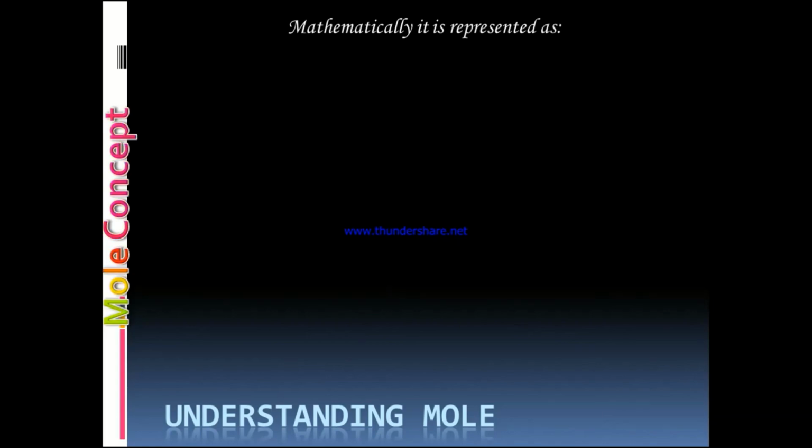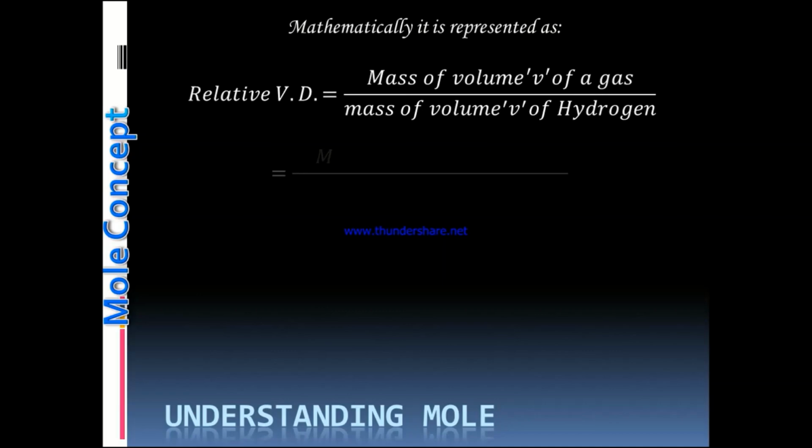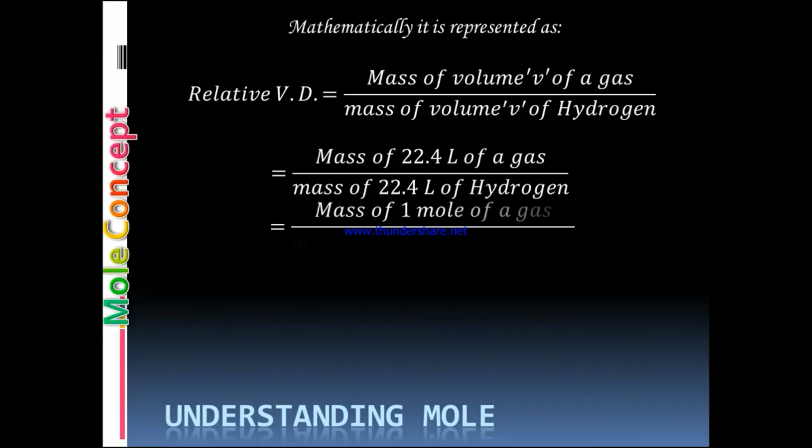Mathematically, it is represented as relative vapor density, VD, for vapor density, is equal to mass of volume V of a gas divided by mass of volume V of hydrogen, which in other terms we can say mass of 22.4 liter of a gas over mass of 22.4 liter of hydrogen, which will be equal to the mass of 1 mole. 22.4 liter means 1 mole: mass of 1 mole of a gas over mass of 1 mole of hydrogen.